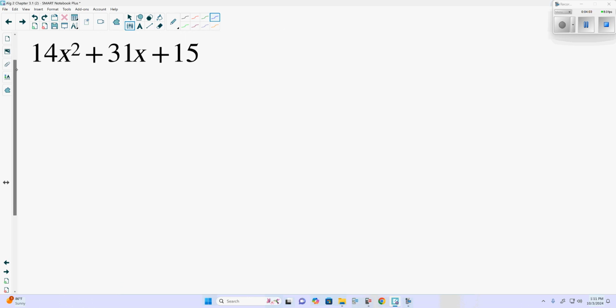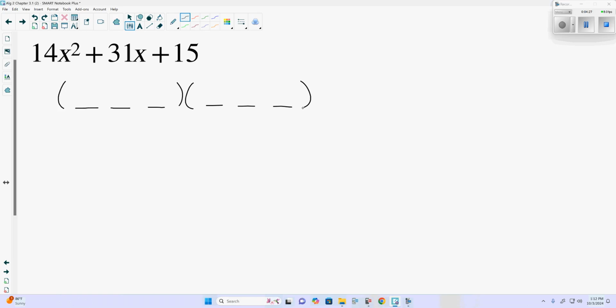Next: 14x squared plus 31x plus 15. Greatest common factor is? There isn't one, so we have to go to step number 2. Our 2 sets of parentheses with 3 spaces. Our next step from here is to find the signs.